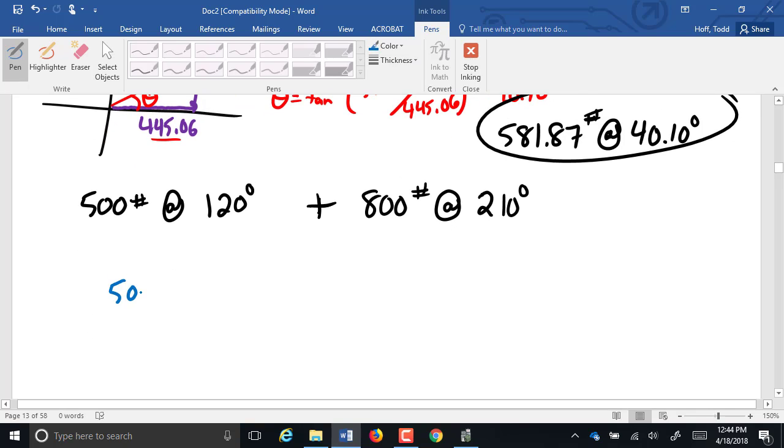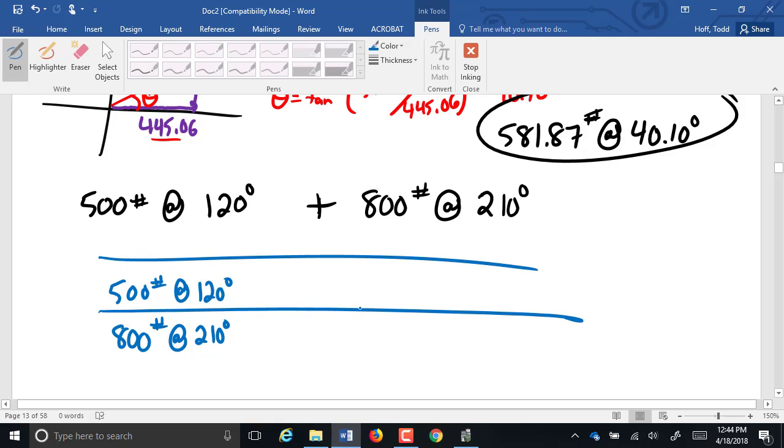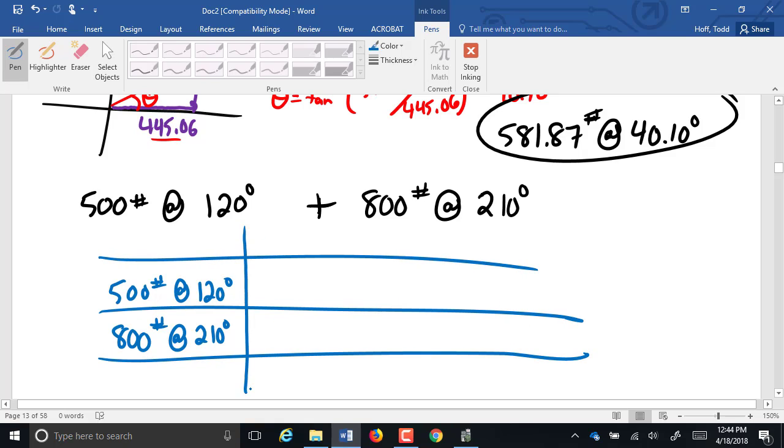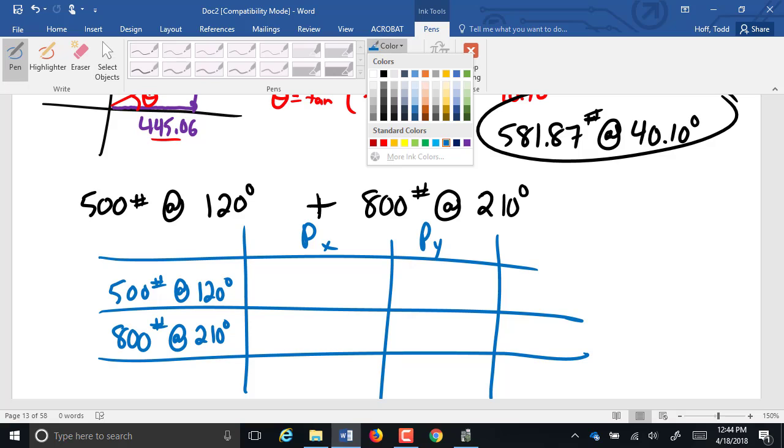So I'm going to write this out. I always make this little table. Just like that.